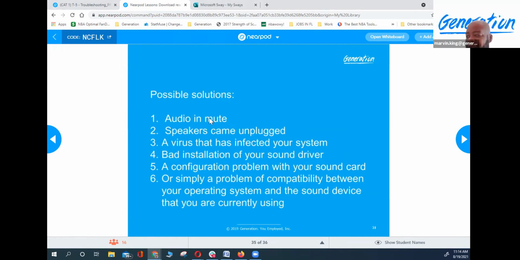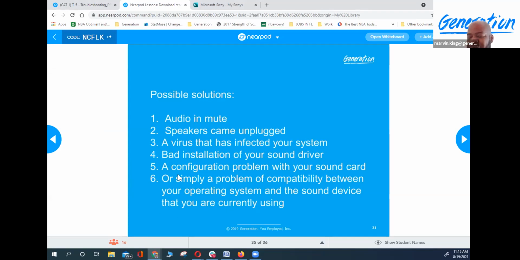Could it be on mute? Could it be unplugged? Has a virus affected the system, but we haven't had any error messages. Bad installation of a sound driver, which you can roll back and update. A configuration problem with your sound card, kind of going with what Jimmy said, could be a hardware issue, or simply a compatibility problem between the operating system and the sound device you're currently using.